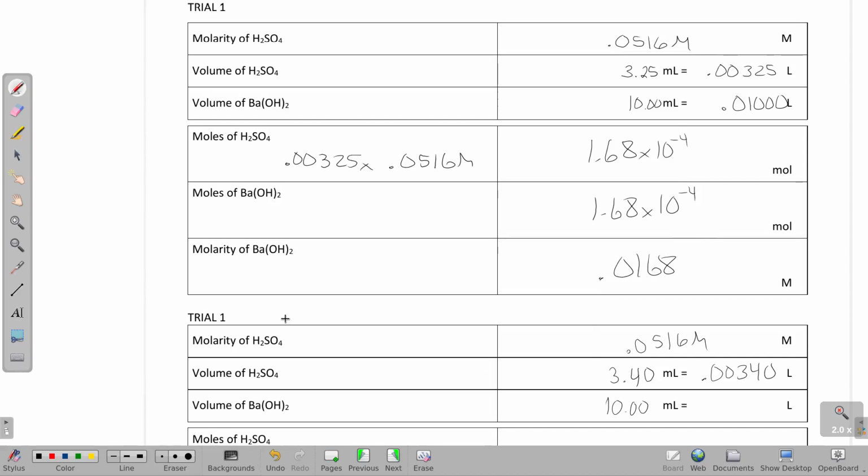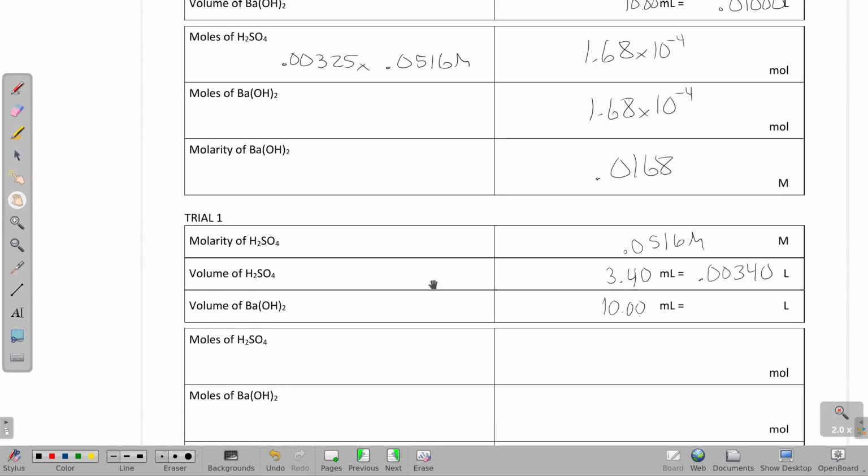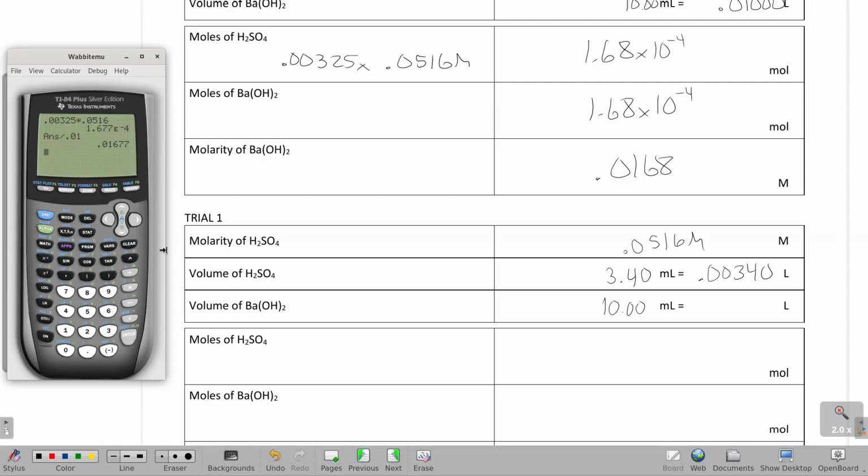All right, down below, the only thing that's really going to change is this is going to throw off our amount of moles. We're going to have 0.00340 times 0.0516.